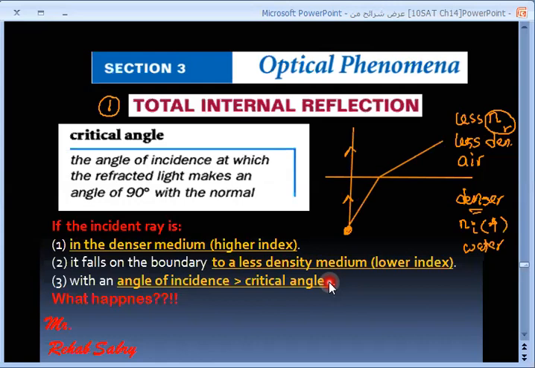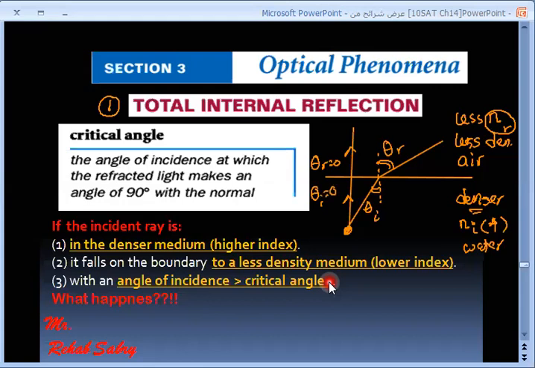Why far from the normal? Because it goes from higher density to lower density. So here theta R will be theta I, as we explained. Here theta R equals 0, and theta I equals 0 also.